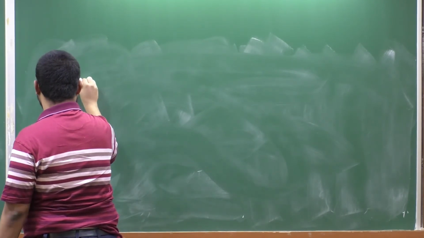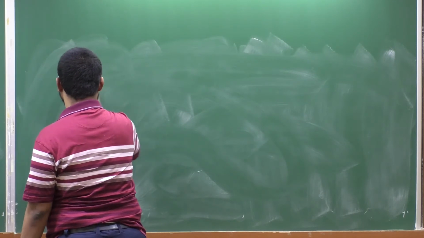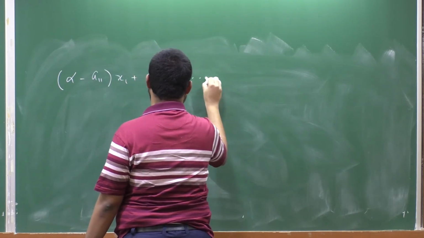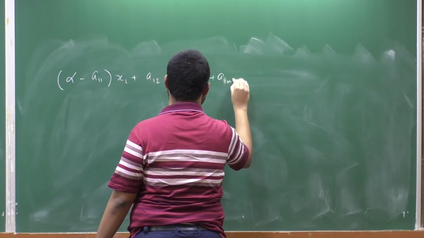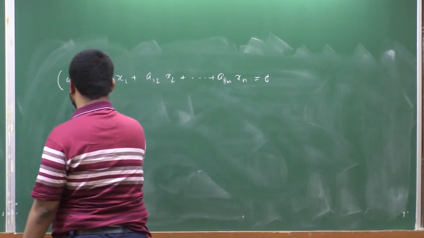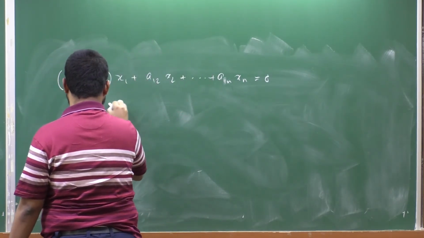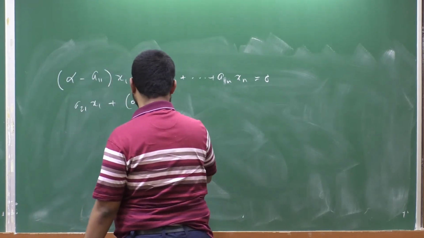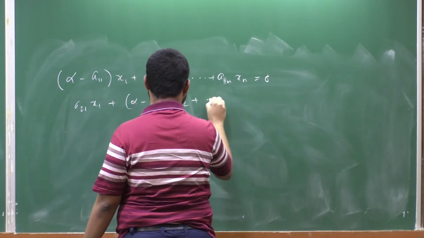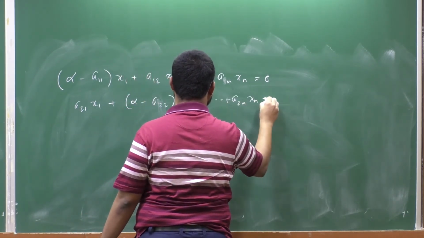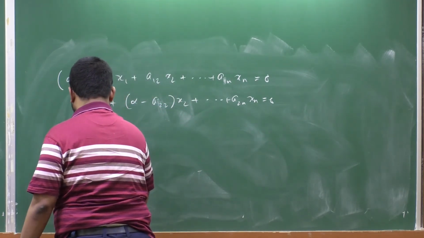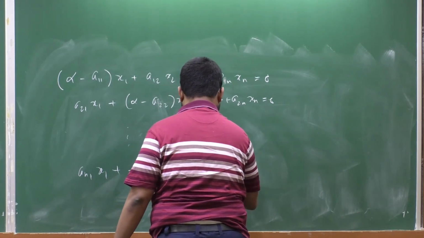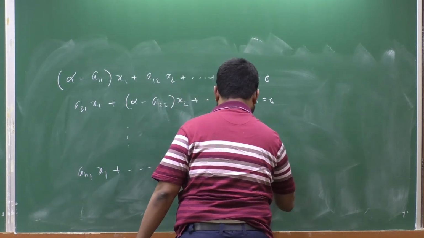(alpha minus a11) x1 plus a12 x2 up to a1n xn is 0. Then a21 x1 plus (alpha minus a22) x2 up to a2n xn is 0. Similarly, an1 x1 and so on, the last term being (alpha minus ann) xn, is 0.